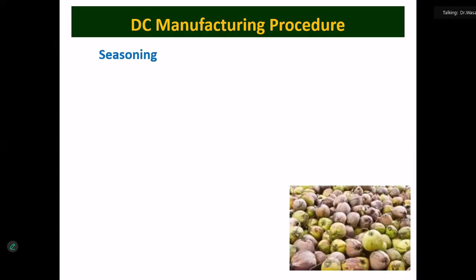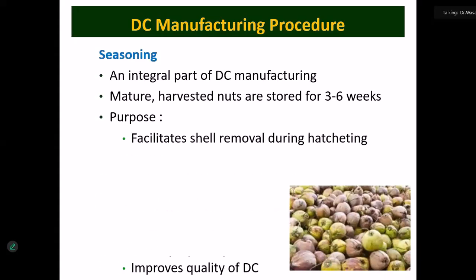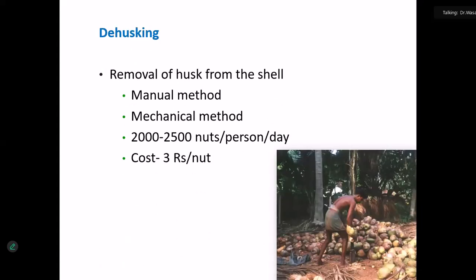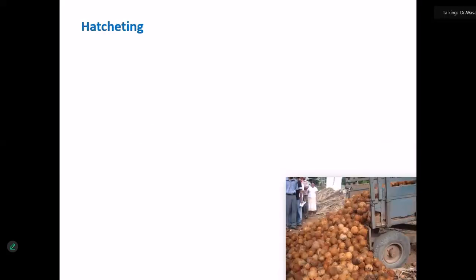The coconut producer seasons at home. Then normally they do dehusking. They do the dehusking, and after that, they provide it to the factory.